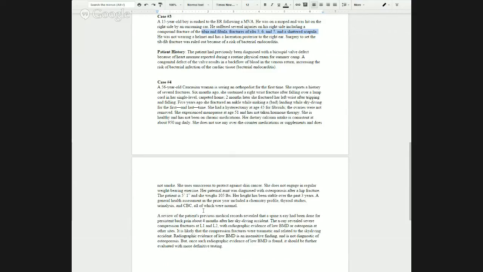I'll point them out real quick. So it says that she's broken her wrist and her ankle. So obviously there are bones there that I pointed out a second ago. And then it says fractures at L1 and L2, which is referring to the lumbar region of the spinal column.